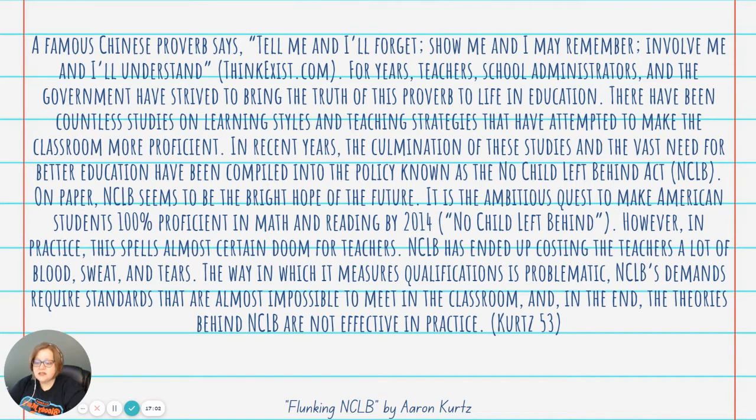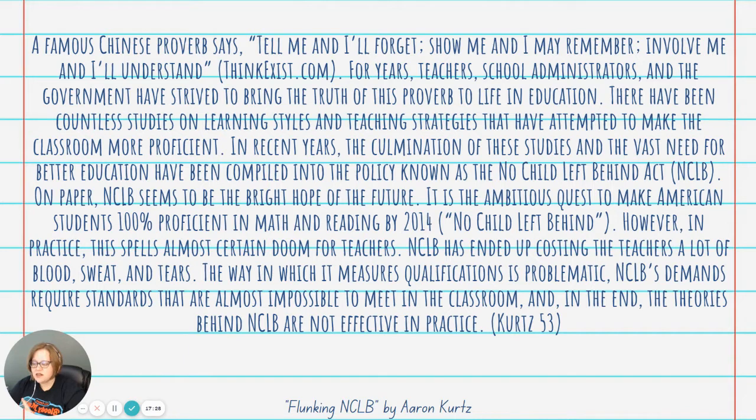And it presents the thesis. That last sentence gives us the 3 things that the student is going to argue and talk about in this essay. The way in which it measures qualifications is problematic, point 1. NCLB's demands require standards that are almost impossible to meet in the classroom, point 2. And in the end, the theories behind NCLB are not effective in practice, point 3.